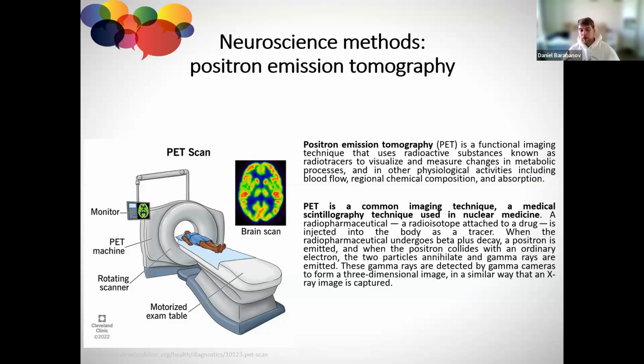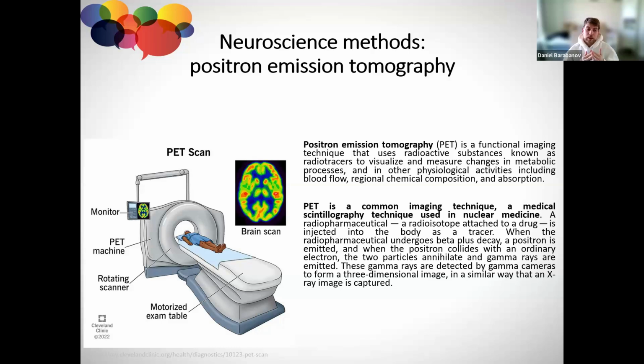When this radiopharmaceutical undergoes beta plus decay, a positron is emitted, and when the positron collides with an ordinary electron, those two particles annihilate, and gamma rays are emitted. And the PET machine actually detects those gamma rays and shows a three-dimensional image of where it's happening.